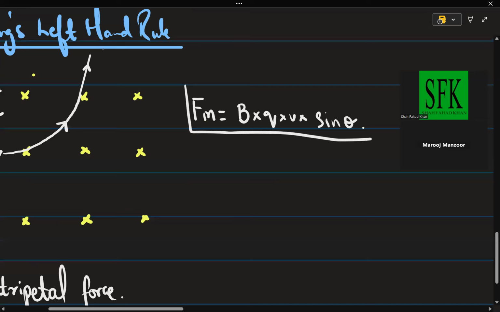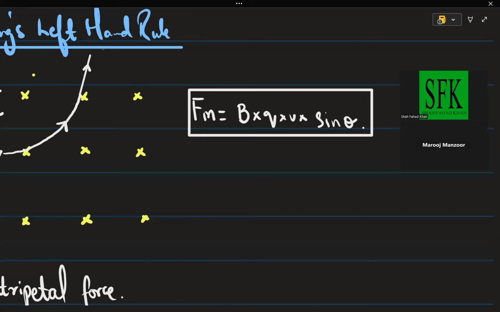So BQV sine theta is the formula for calculation of magnetic force, where theta is the angle between magnetic flux density and the velocity of the charged particle. And as you know, sine 90 is 1, right?